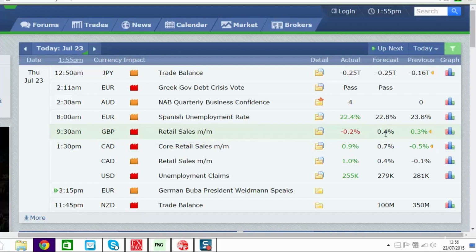So there's a lot of current sentiment around the pound being a little bit negative today. So we got some fresh reasons for people to sell the pound. Now I put it against the dollar because the dollar is really the only currency right now that's stronger than the pound. So we've got extreme strength on the dollar off the back of those unemployment claims, and we've got some weakness from the poor retail sales in the UK. So I sold pound dollar.